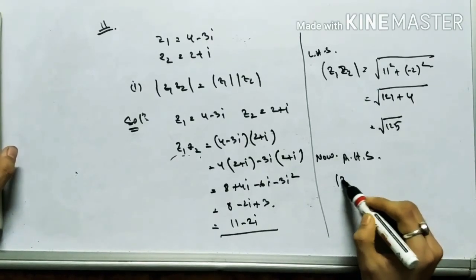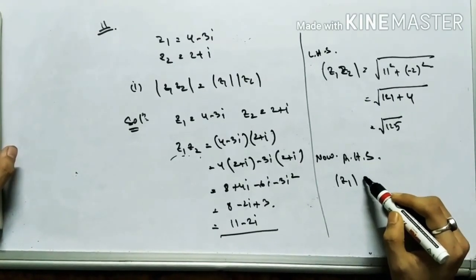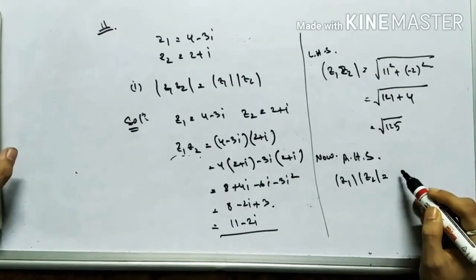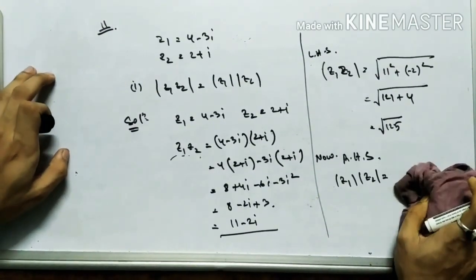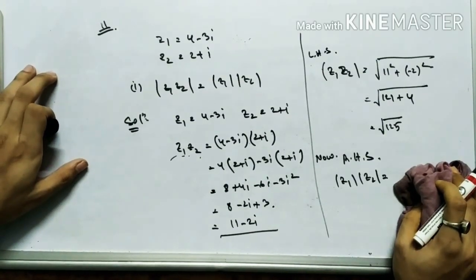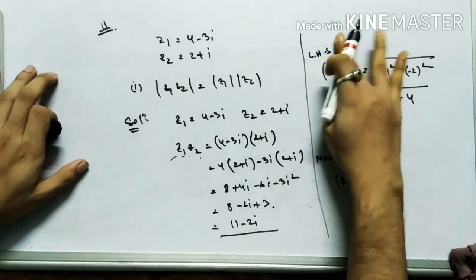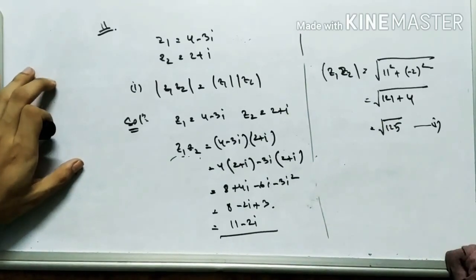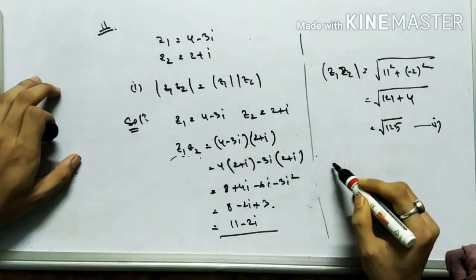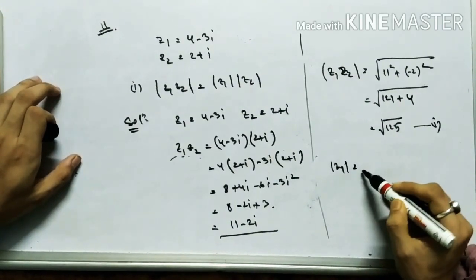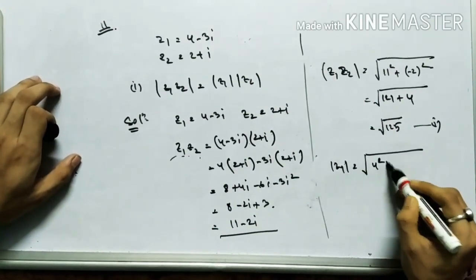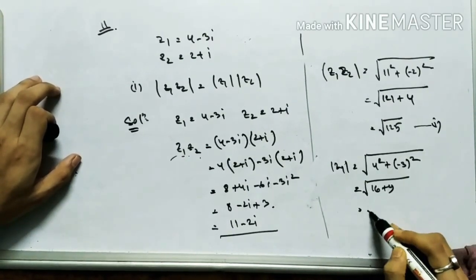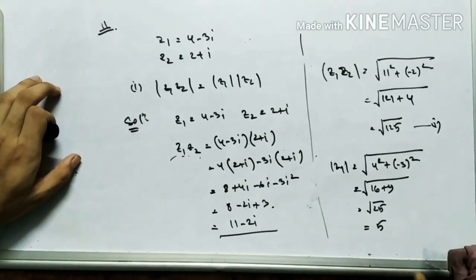Let's give this one number 1. Now I will take the RHS. Modulus of Z1 will be root over 4 square plus (minus 3) the whole square, which gives me 16 plus 9, which gives me 25, which gives me 5.